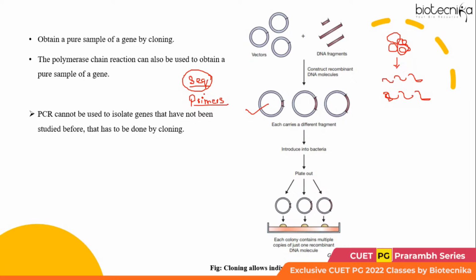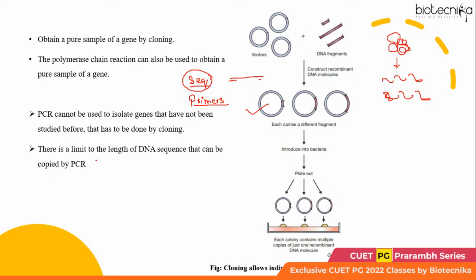And in order for the primer to anneal to the correct position, the sequence on either side of the gene of interest should be known. The annealing site sequence must be known. So it is easy to synthesize a primer with a predetermined sequence. But if the sequences of the annealing sites are unknown, then the appropriate primers cannot be made. This means that PCR cannot be used to isolate genes that have not been studied before. And this is the reason we have to do cloning.